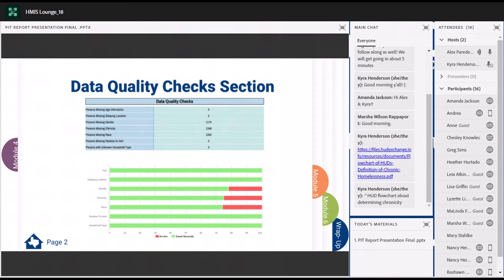All right, so let's move on to the second page of our reports. This is the data quality section. When looking at the data quality section, it's very important to note how the report counts errors. Errors are only counted when a response is left blank, and only blank. There are certain instances where a respondent might answer don't know or refused, and this is not represented within the data quality check section.